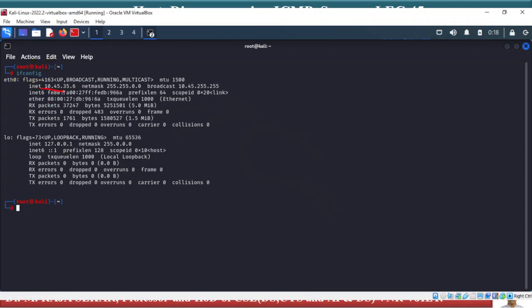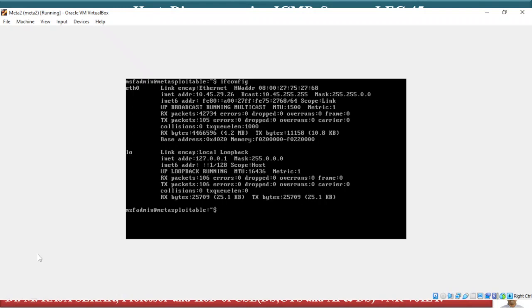Just see the IP address, 10.45.35.6, isn't it? This is the IP address. Just note down the IP address of the Kali Linux system. In a similar manner, you can note down the IP address of the Metasploitable 2 machine, 10.45.29.26. This is the usual procedure which we did long back, isn't it?